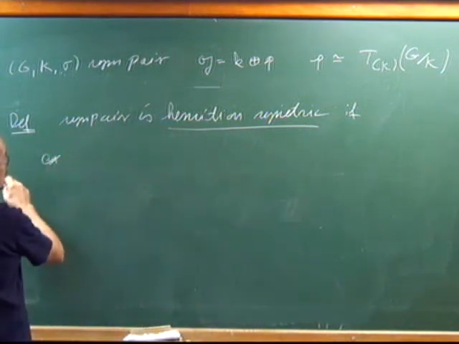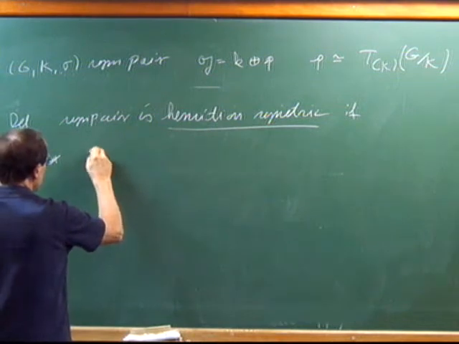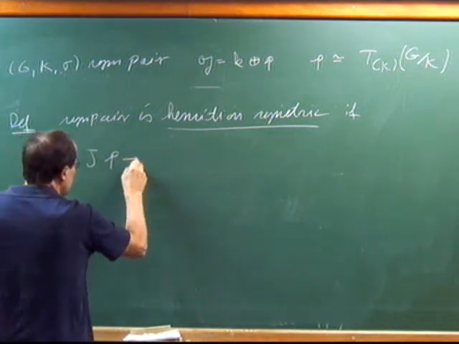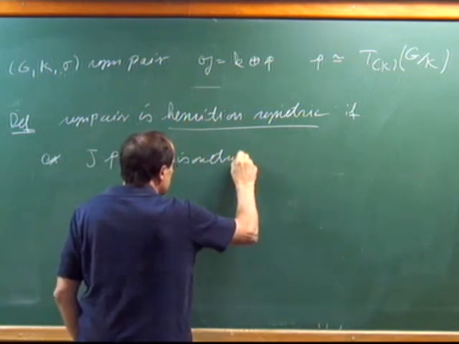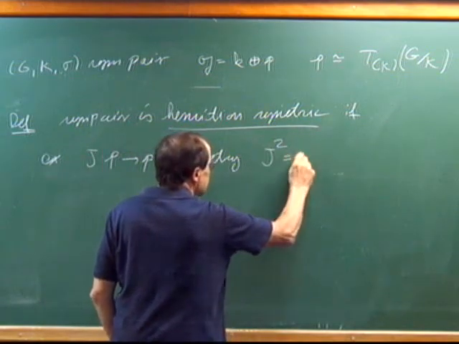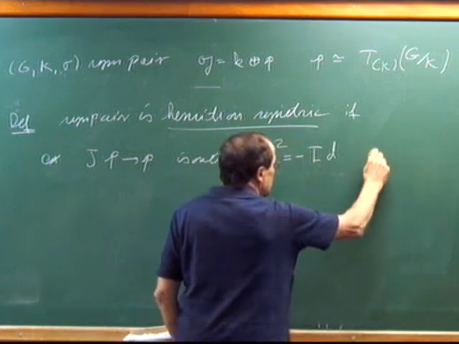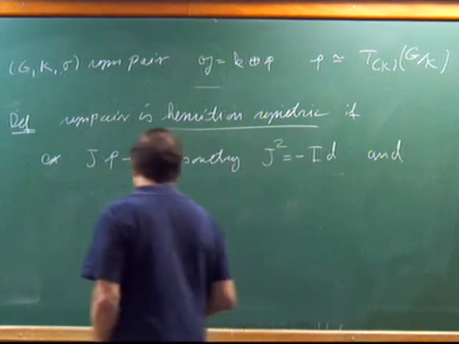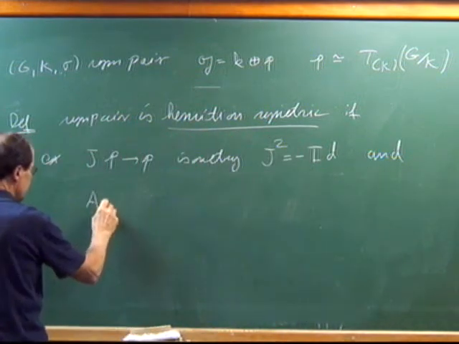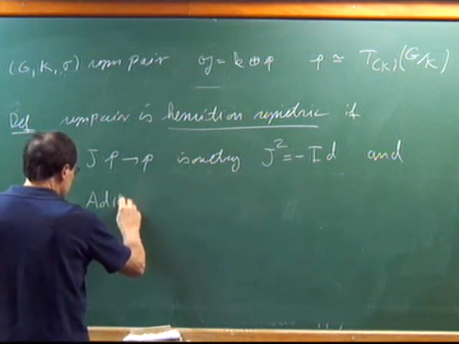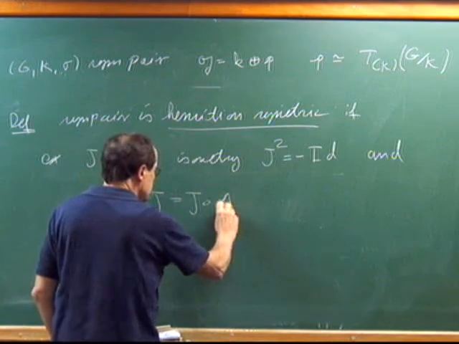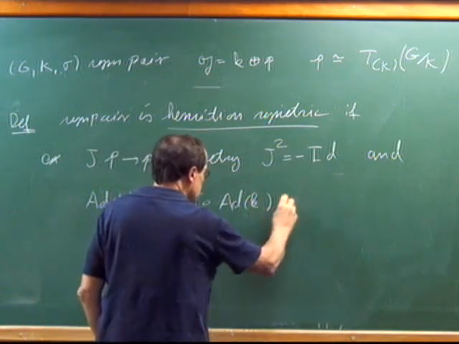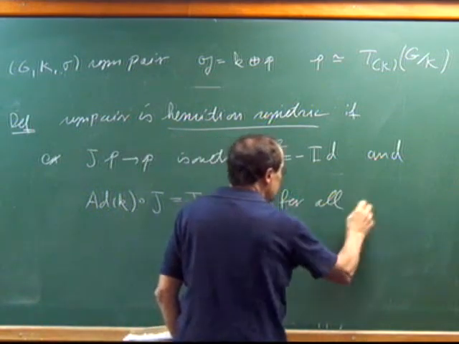if there exists a complex structure J on the complement P, so it must be an isometry, J squared is minus identity, and it commutes with the adjoint of the isotropy representation for all elements in the isotropy group.